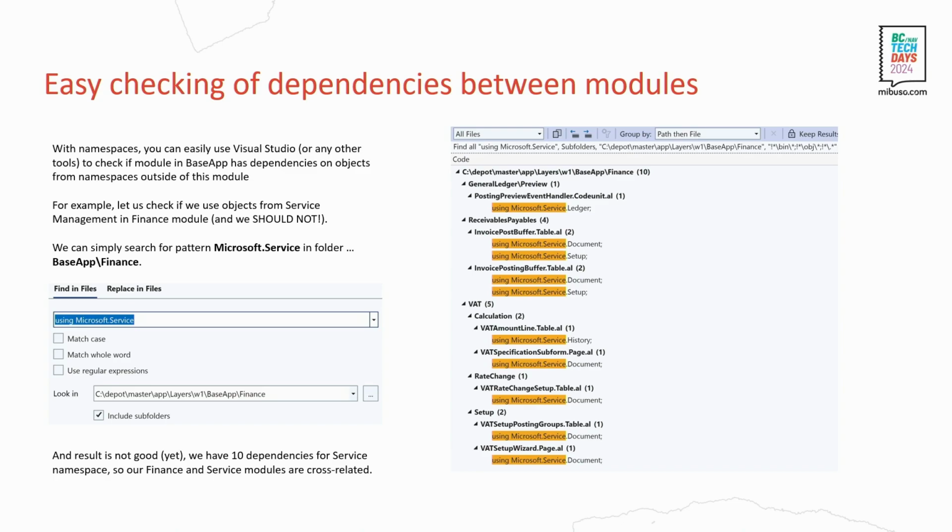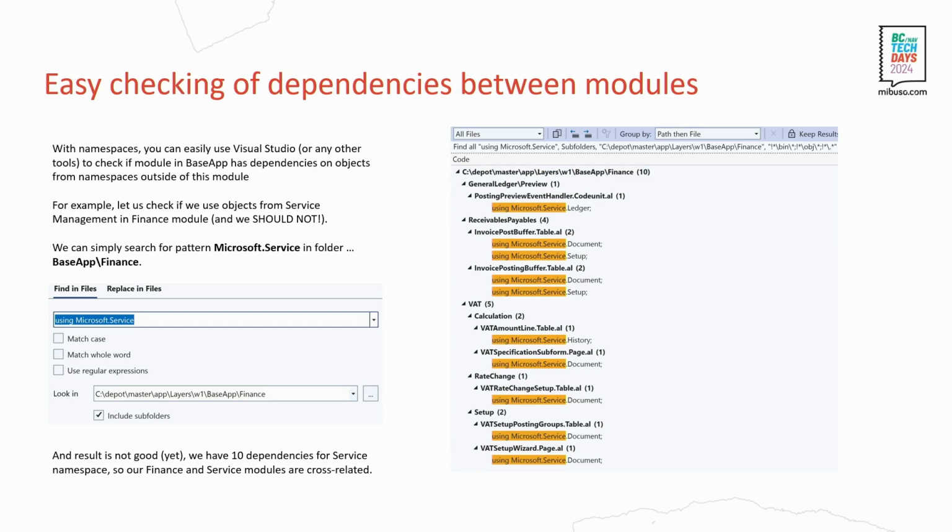I simply use Visual Studio search because, for example, I need to analyze if I use Microsoft.Service objects in finance. You know, with my current knowledge, it looks really strange and should be changed. But I just search by Microsoft.Service in the folder for finance, base app finance.